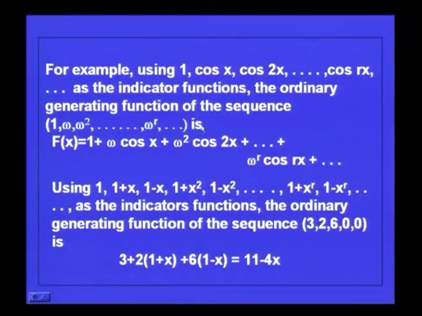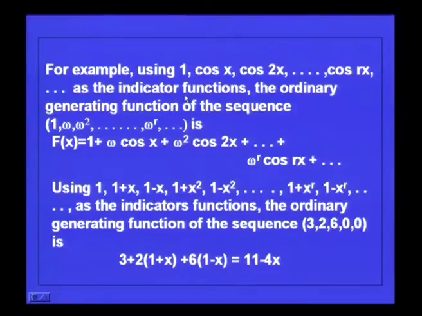So for omega to the r you will have cos rx. So the expression is 1 plus omega cos x plus omega squared cos 2x, etc., omega to the power r cos rx. This is the ordinary generating function for the sequence 1, omega, omega squared, etc., using the sequence 1, cos x, cos 2x, cos rx as indicator functions.